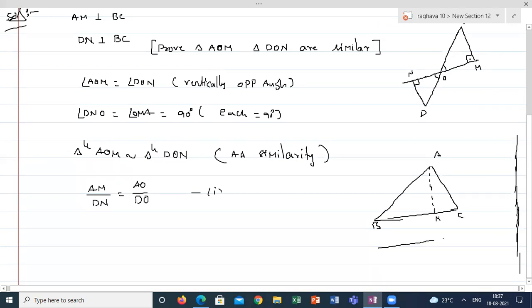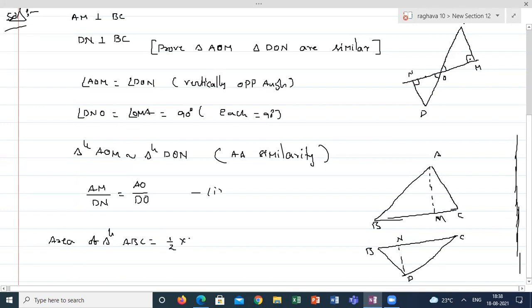Common to this, I have another triangle BCD with a vertical construction. This is AM. This is DN. So the area of triangle ABC can be written as half into base into height.